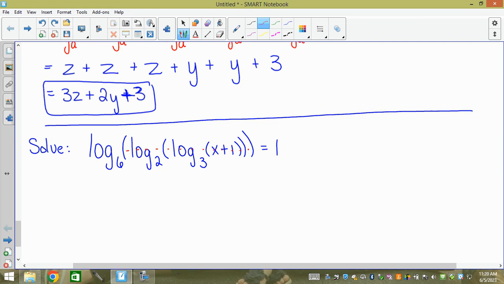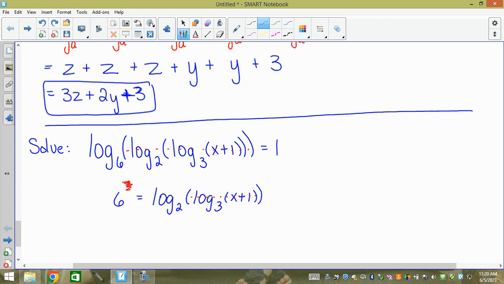So my next step is 6 to the 1 equals log base 2 of log base 3 of x plus 1. And 6 to the 1 is just 6, correct? Okay, I got rid of one log by converting to exponential once. I'm going to get rid of the next log by converting to exponential again, and the last log by converting again, right? Now this is my dashed red line.